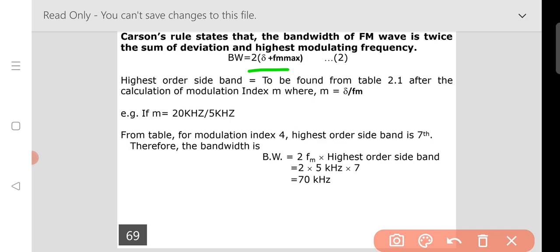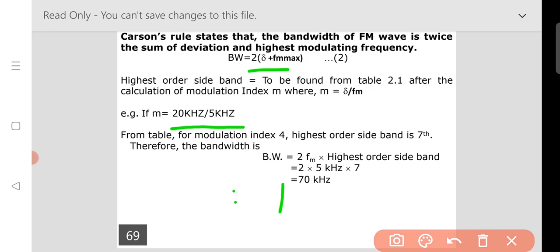The higher order side band is to be found after calculating the modulation index, m equals delta by fm. For example, the modulating frequency is 5 kilohertz, the modulation index is 4, and the highest order side band is 7.